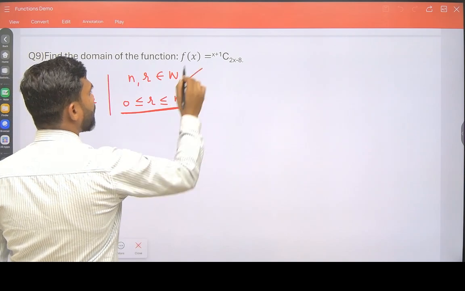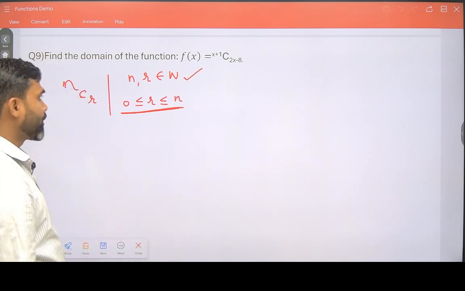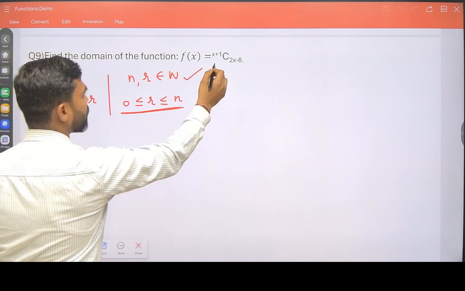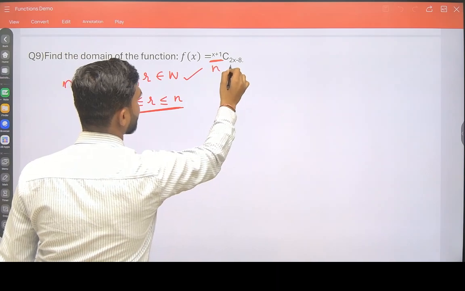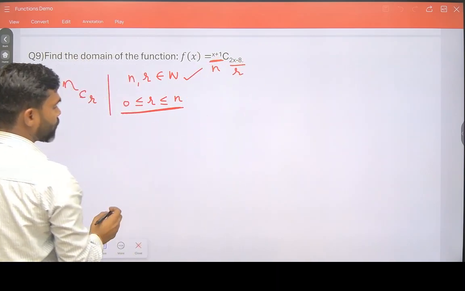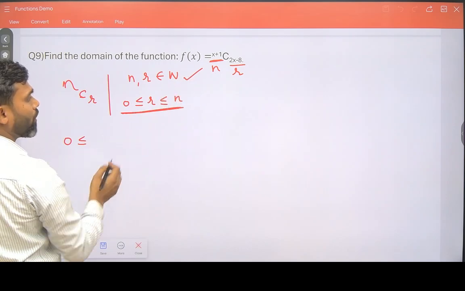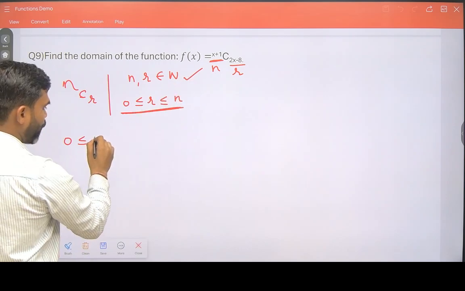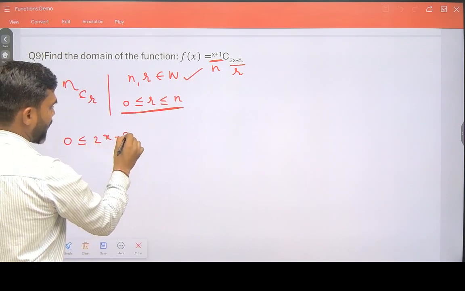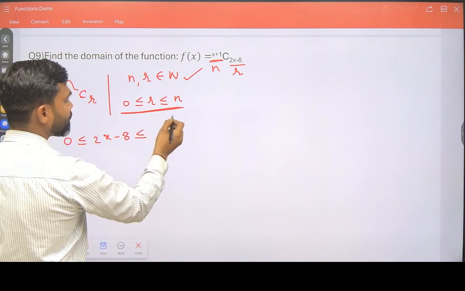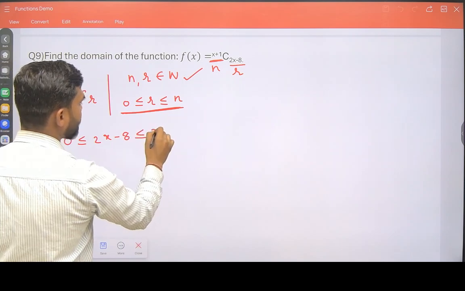So let us try to apply this condition, right? And remember, all of them should be whole numbers. Okay, so what is n here? So this is n basically here, and this is r. Yes or no? So 0 is less than or equal to, what is r? 2x minus 8, and here this is n, x plus 1.